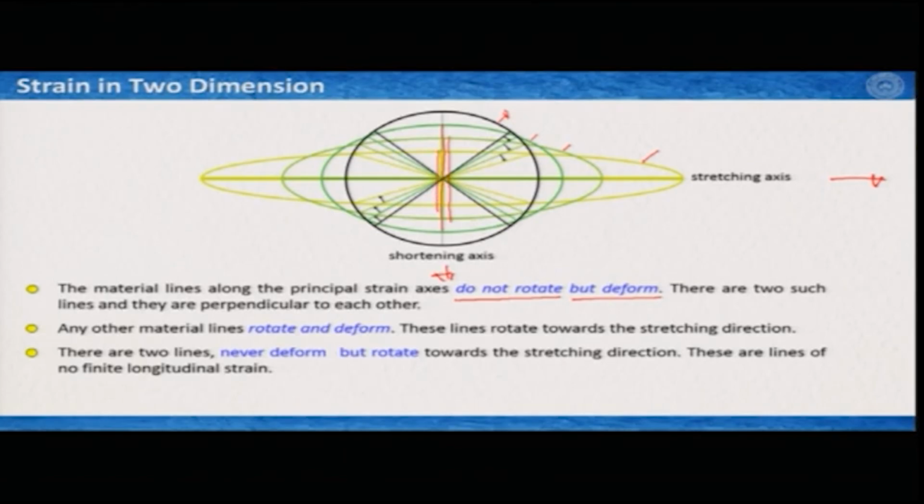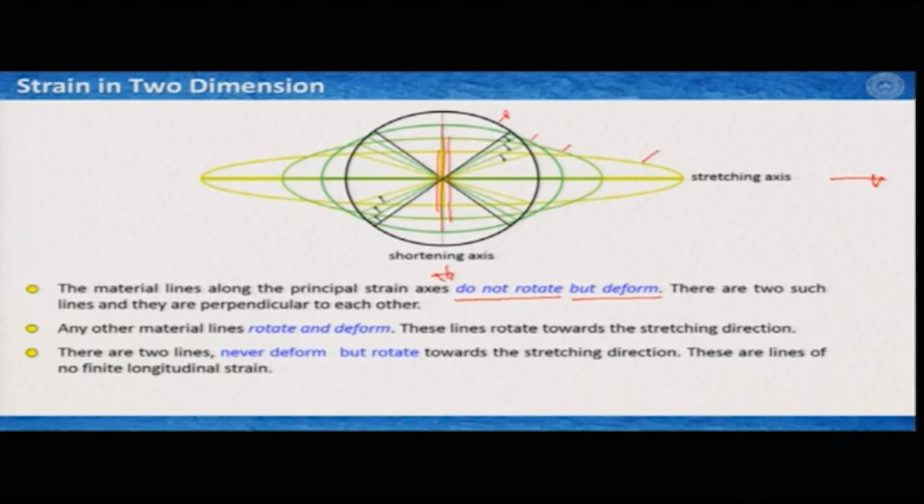Any other material lines than these two principal strain axes rotate and also deform, and these lines rotate towards the stretching direction of the principal strain ellipse. Interestingly, there are two other lines that never deform but rotate. Therefore, they always define the diameter of the primary or initial circle.